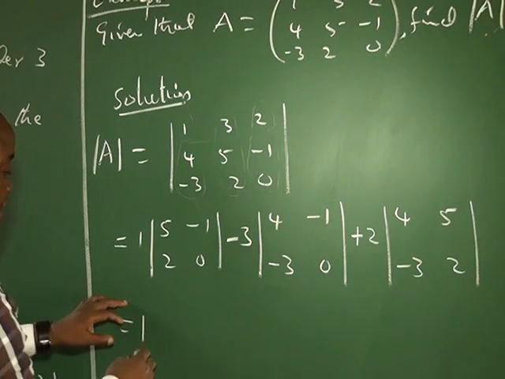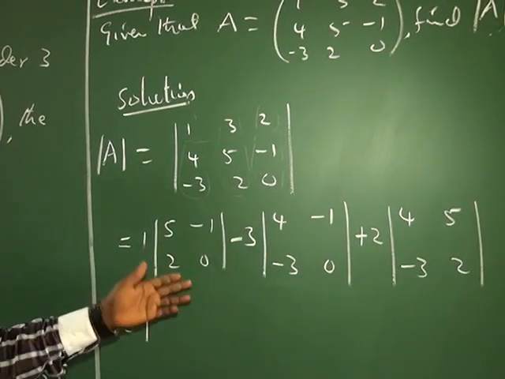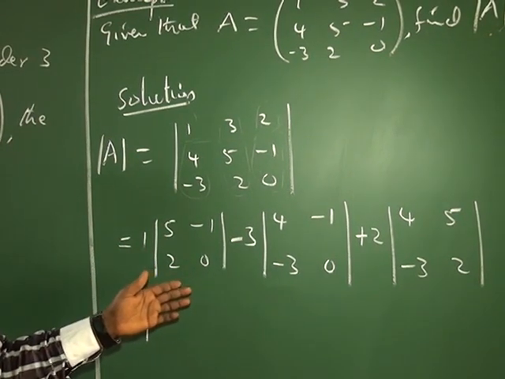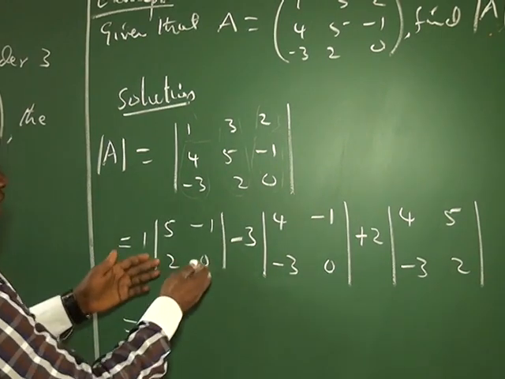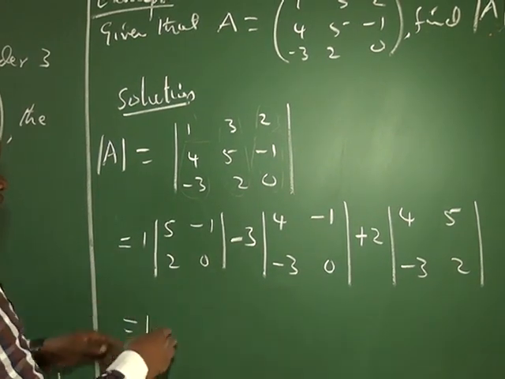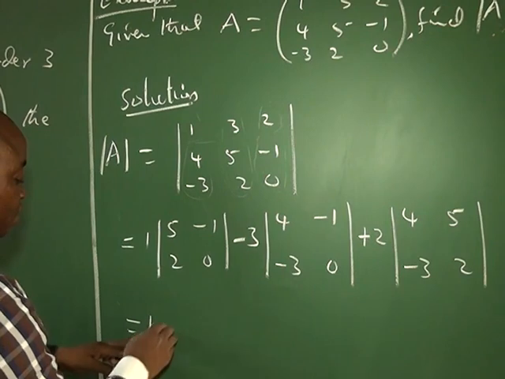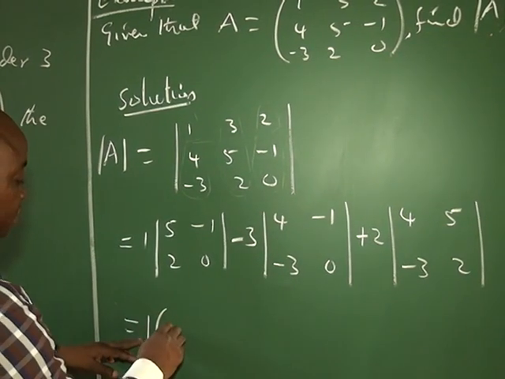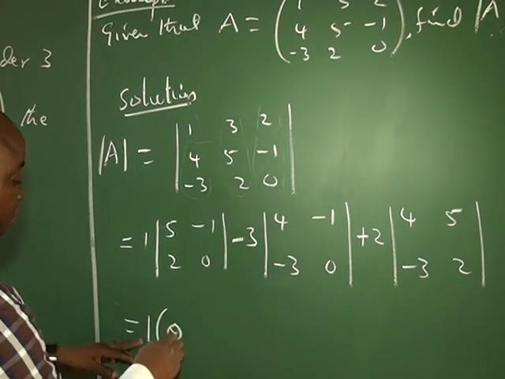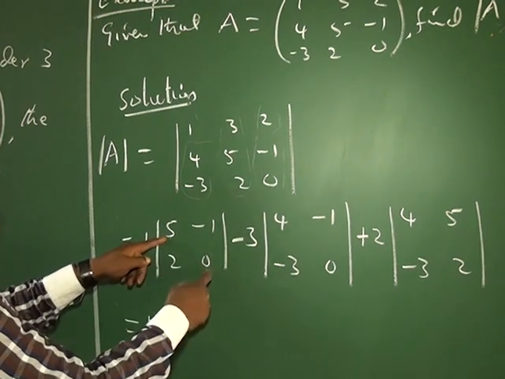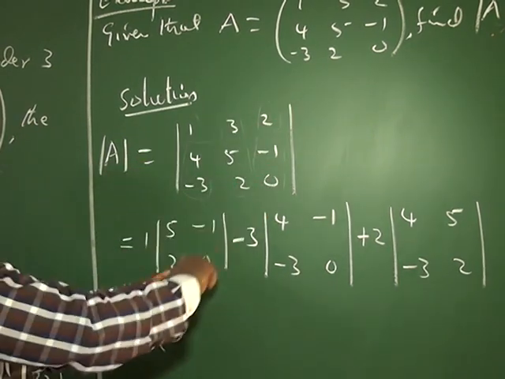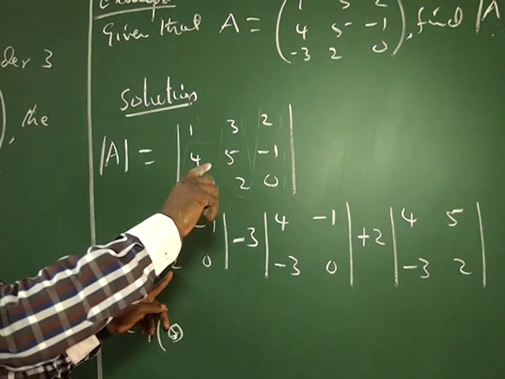Then I now evaluate this, which is equivalent to a 2 by 2 matrix, which we have already known, the determinant of 2 by 2. So we have reduced it. So here, I want to say 1 times 0, that is 5 times 0 is 0. As I'm going this way, there is an invisible minus for what we discussed.